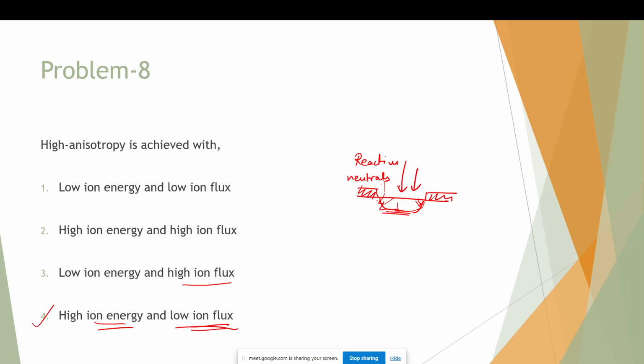Yeah, low flux to avoid collisions in lateral direction. That makes sense, right? If we have multiple ions, then they might collide with each other and then hit the side walls. And because of that, the reaction will be promoted even at the side walls. So we don't want that.